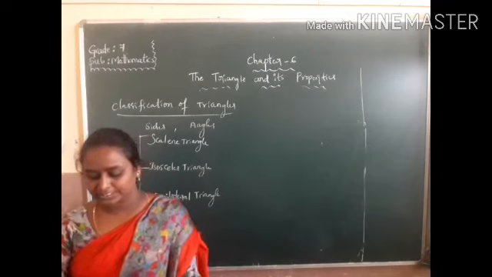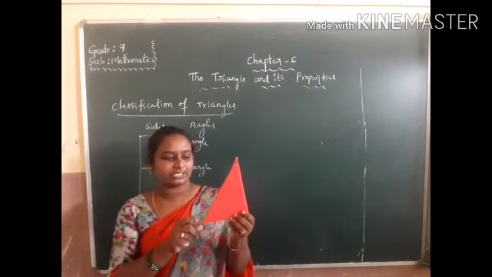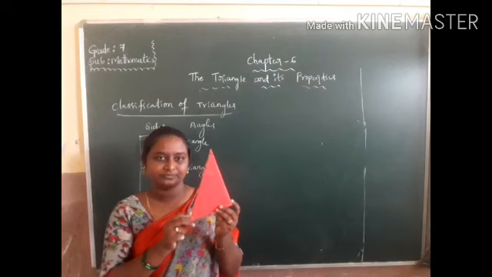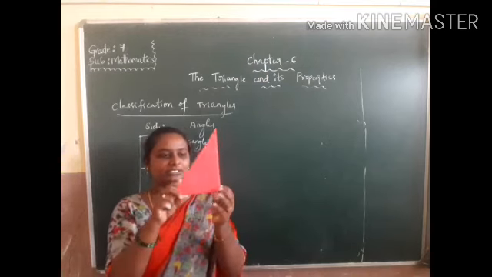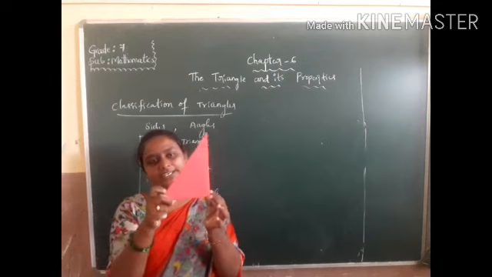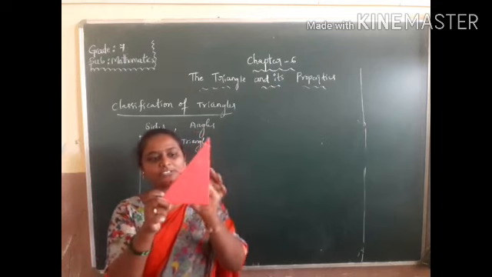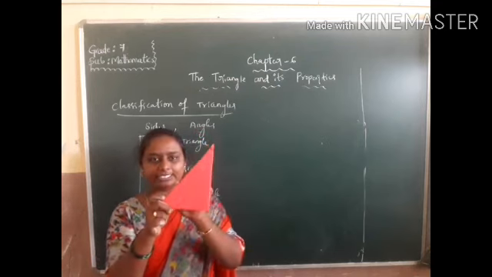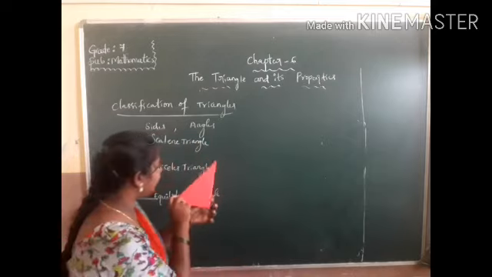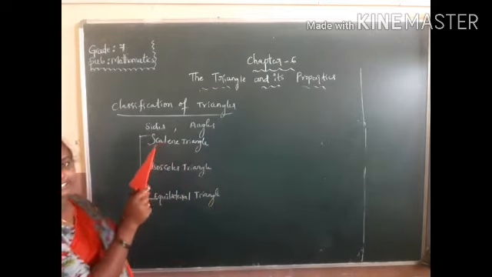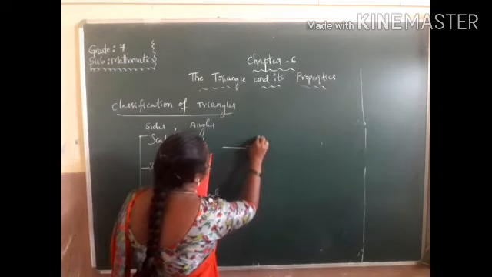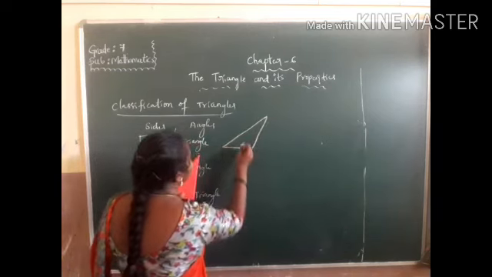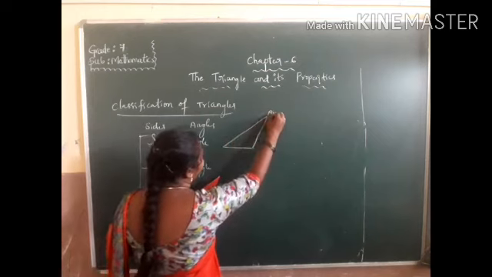Scalene triangle. Observe here, what is the name of this triangle? This side, this side, this side. Observe, are all these sides equal? No, all these sides are unequal. A triangle having unequal sides is called a scalene triangle.